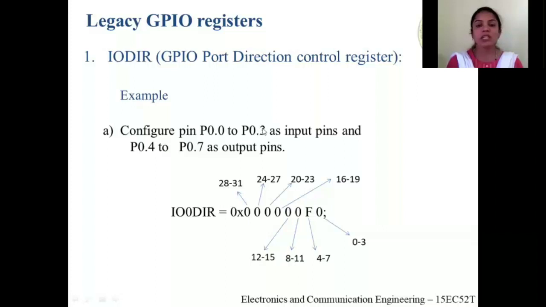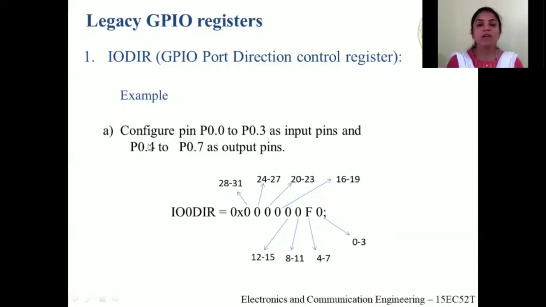For 0 to 3, we have to configure those pins as input pins. That means for these pins, we have to send value 0 by using IODIR, that is 4 zeros: 0, 0, 0, 0. If we convert that into hexadecimal, the value will be 0. So the first digit value is 0, that will configure pins 0 to 3 as input pins.